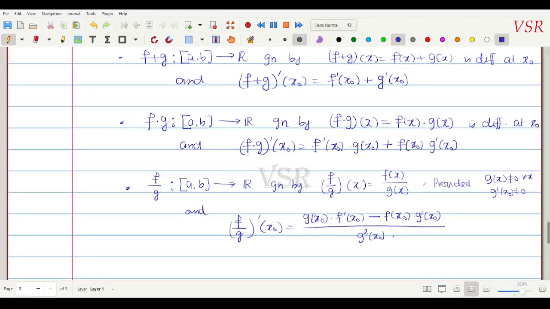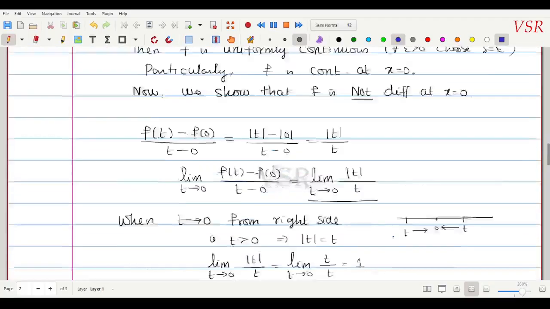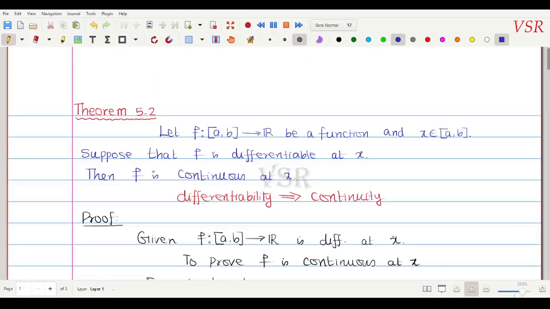Okay, g square of x naught. So this is the theorem. இந்த தியரத்தை தான் நான் ப்ரூஃப் பண்ண போறேன். இந்த தியரத்துல முக்கியமா நம்ம பார்க்க வேண்டிய விஷயம் இதுதான்: if f is differentiable at the point x, then f is continuous at the point x. இந்த விஷயத்தை தான் நம்ம யூஸ் பண்ண போறோம். Okay, let us get into the proof.